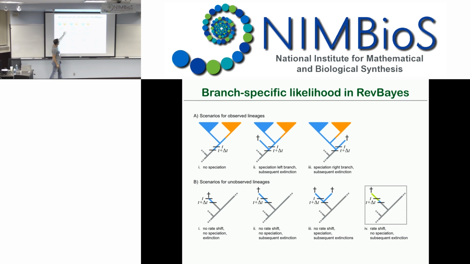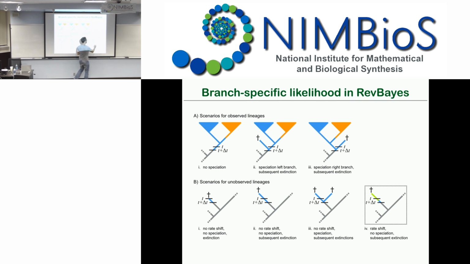Then to compute these probabilities that a lineage went extinct, so really computing that extinction probability, it could be that there was an extinction event in that time interval. We also compute the probability that there was no event, and then the extinction event happened more recently, or that there was a speciation event and then both lineages go extinct.